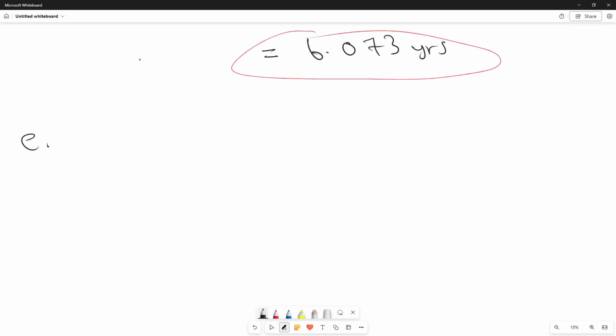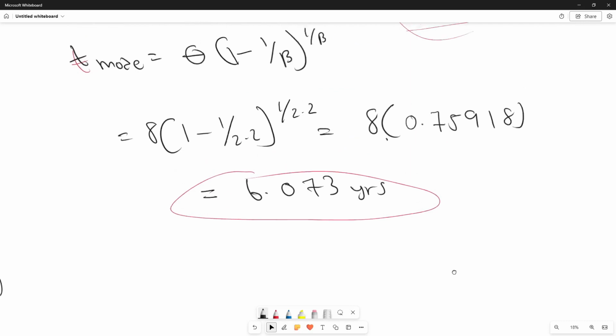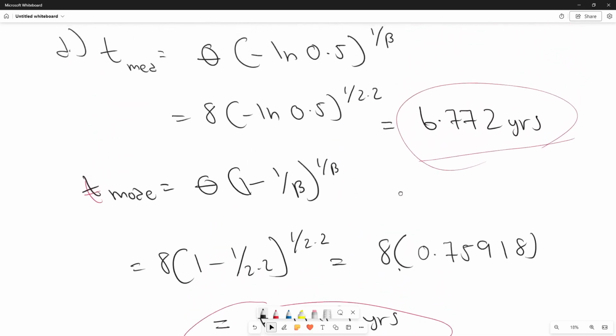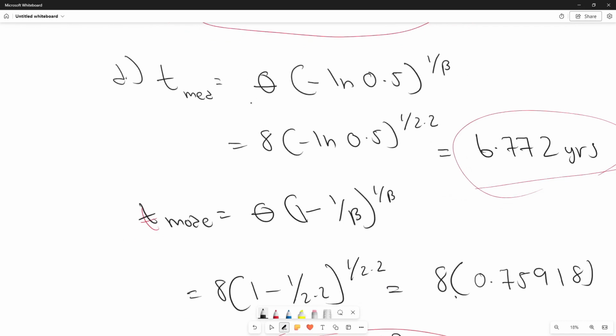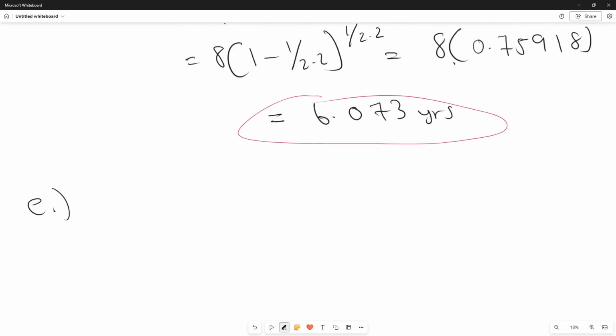Finally, the time for 99% reliability and 95% reliability. If you're wondering where we got that formula from, you remember that R of t is e to the negative t over theta raised to the power beta.